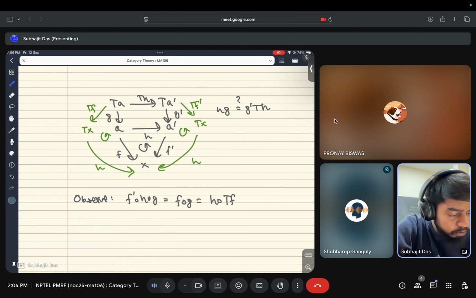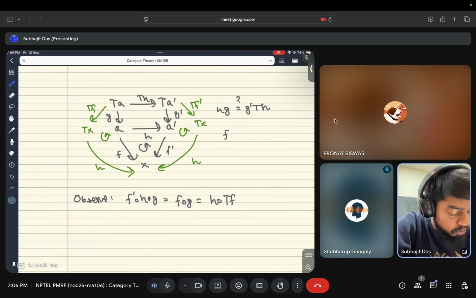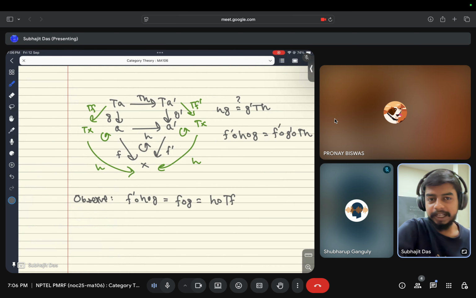I want to show that, so I don't really know if this is correct. What I am trying to show here is, if I compose with F prime on both sides, I should have F prime compose G prime compose TH. I want to show that this holds.